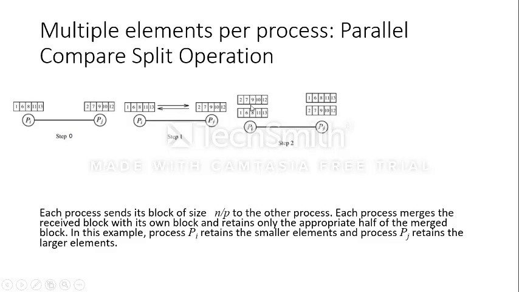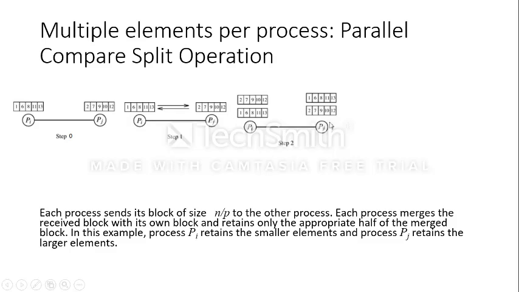Now the process pi will receive the buffer, which is the values sent by the process pj. In the same way, the process pj will also receive the values at the completion of step 1.